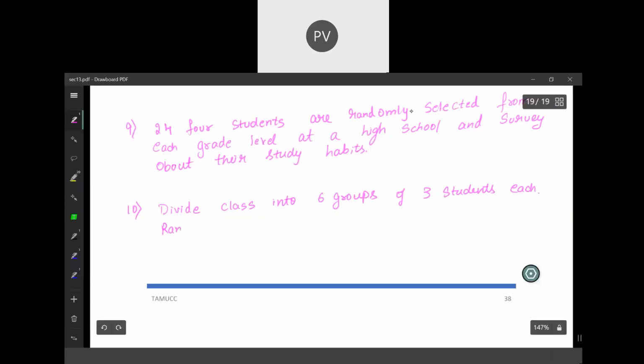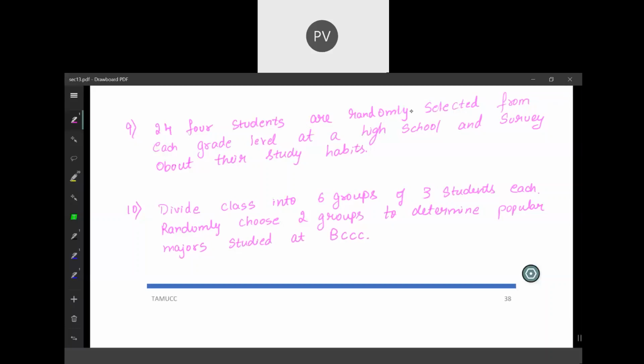And I am going to choose randomly 2 groups, 2 entire groups, to determine popular majors studied at PCC. Okay. Now tell me which sampling technique this is.